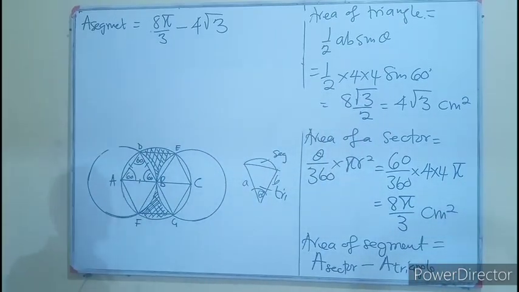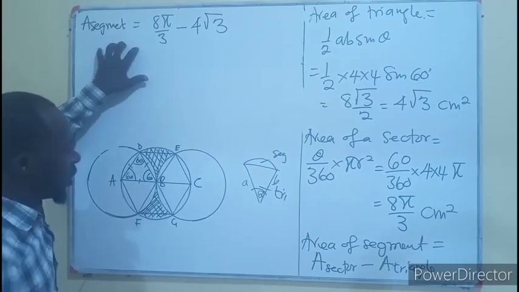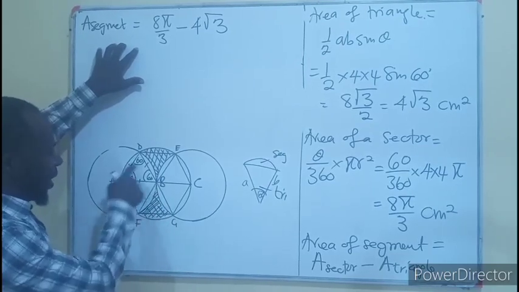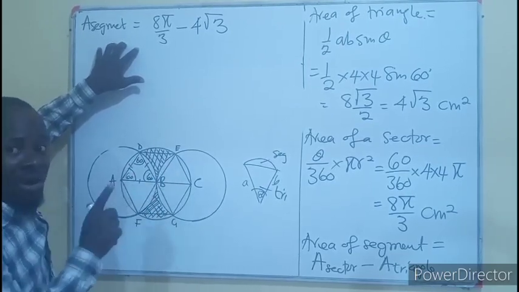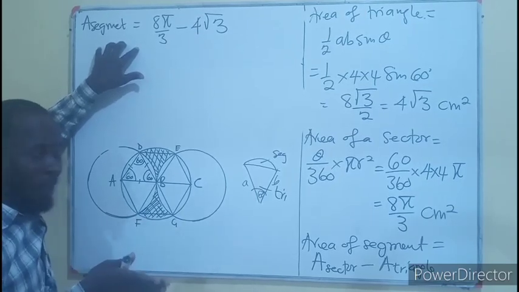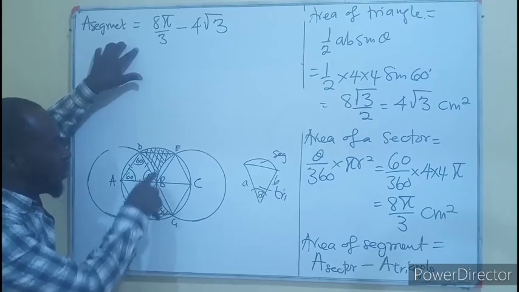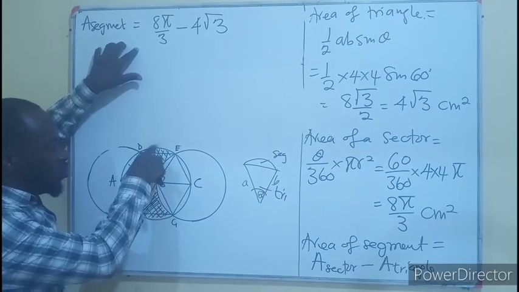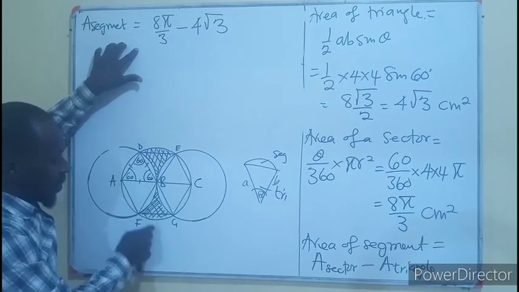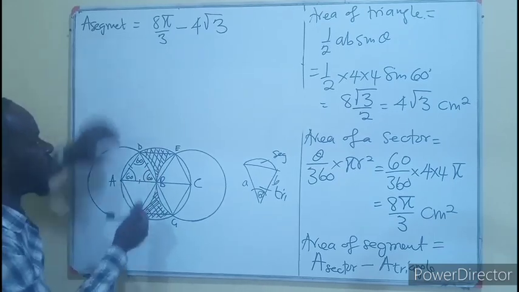I think this will also be centimeter squared. Yeah, centimeter squared. So if this is the area of the segment, which is 1, 2, 3, 4, 5, 6, 7, 8, 9, 10. This segment, they are all the same. But what are we looking for? We are not looking for the segment per se, but we are looking for the shaded region, which is made up of 2 sector, this, plus another sector. Then we subtract segment from it.